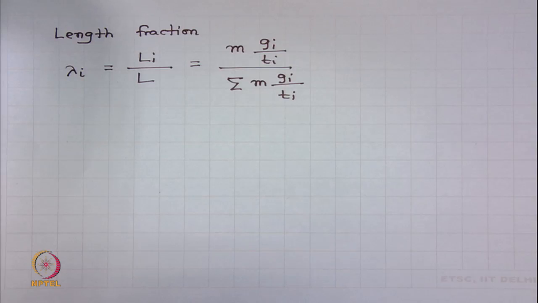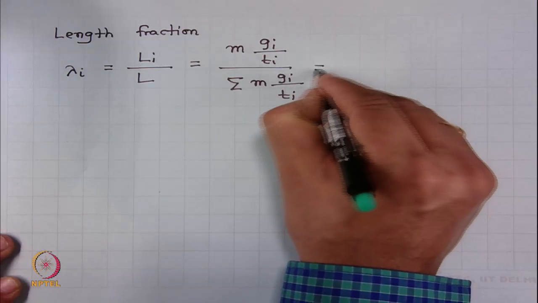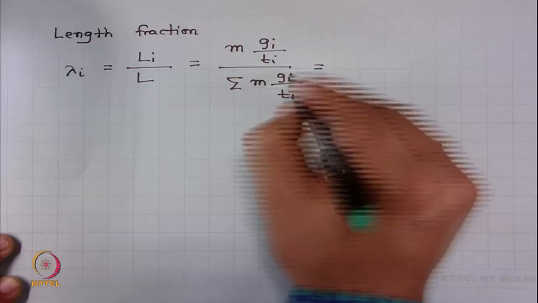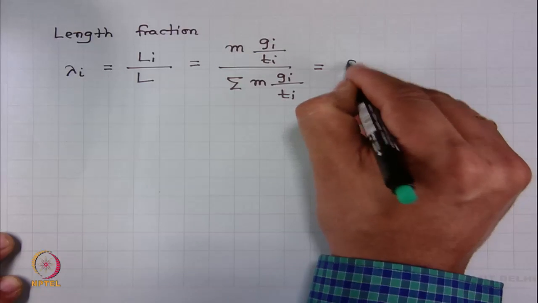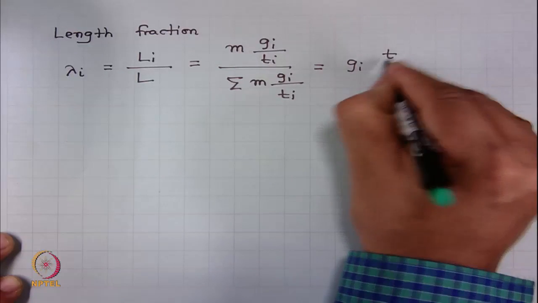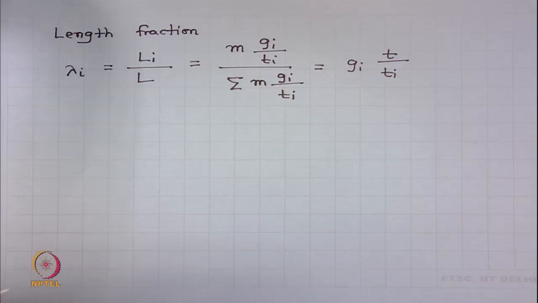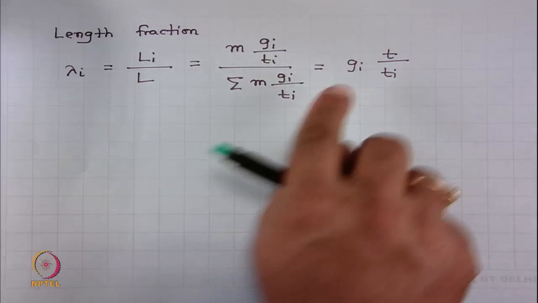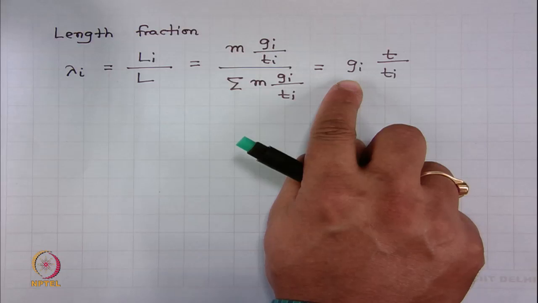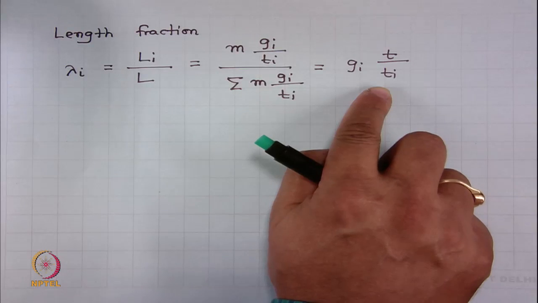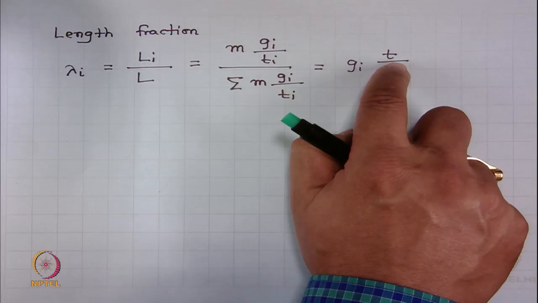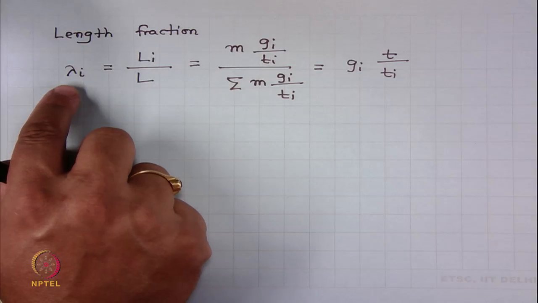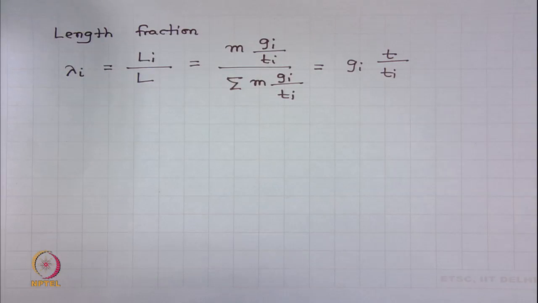So, this is your T. So, we write down Gi T by Ti. If we know mass fraction of ith component, fiber fineness of ith component, and the fineness of fibers of the blend, we will be able to know the length fraction. So, this is how we can obtain the length fraction.